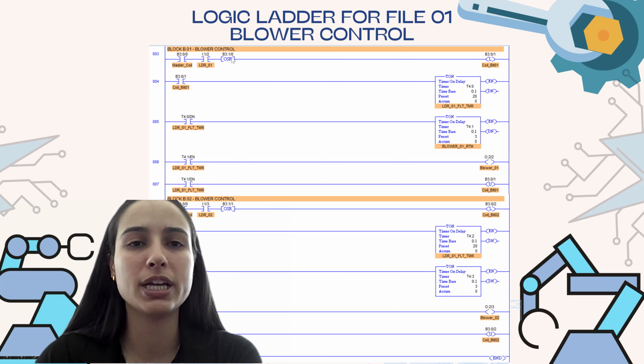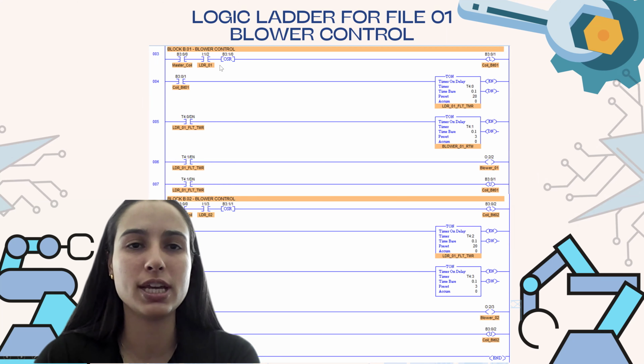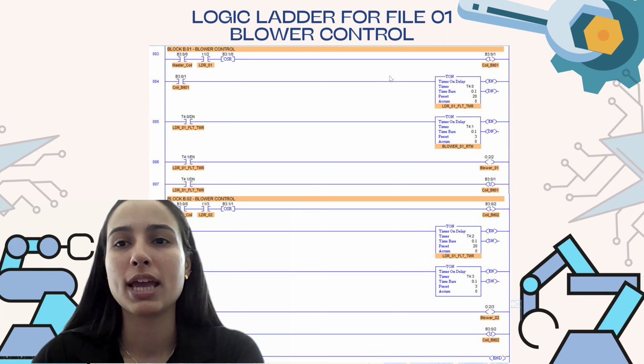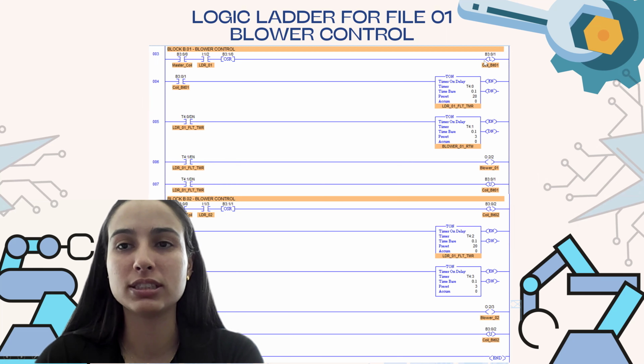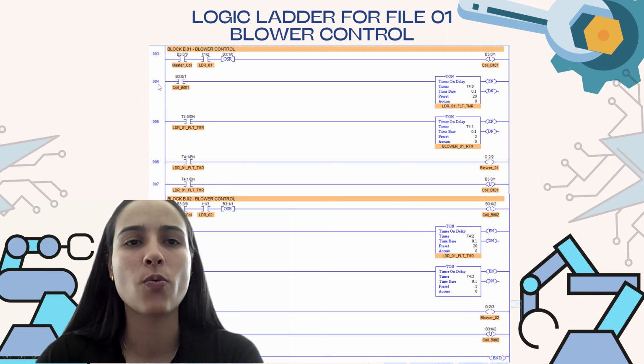The OSR is responsible for that one physical activation of the LDR. And here I create the latch or the set, which I decided to name coil bit 01 with slot 0 bit 1. Therefore, in our next rung 004, it's our input.